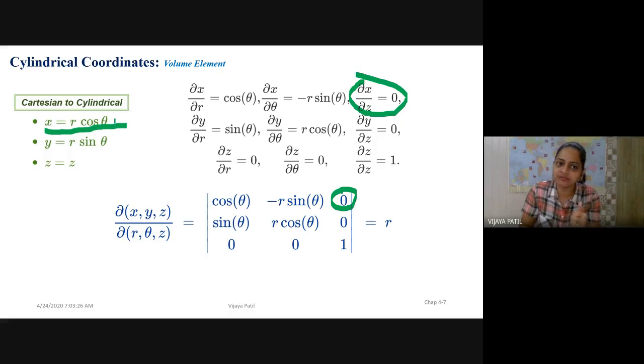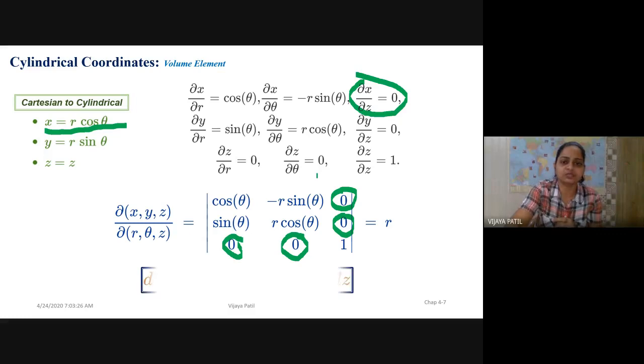Similarly, y also doesn't have z. We can see this very easily. Similarly, this other element you can see very easily, it's the partial of y with respect to z. It's very simple to understand. So this is the Jacobian, and we find the determinant of the Jacobian.